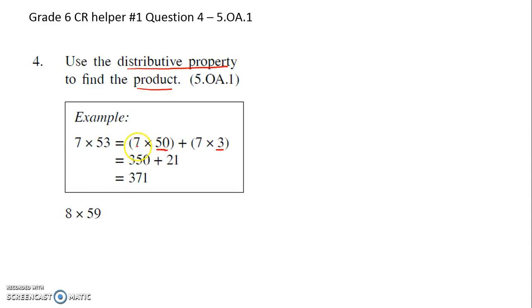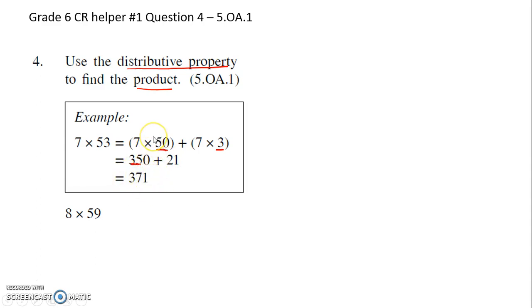But you have a shot here of being able to do 7 times 50. If you know 7 times 5 is 35, then 7 times 50 is 350. And then you have a shot of doing 7 times 3 in your head, which is 21. 350 plus 21 is 371.